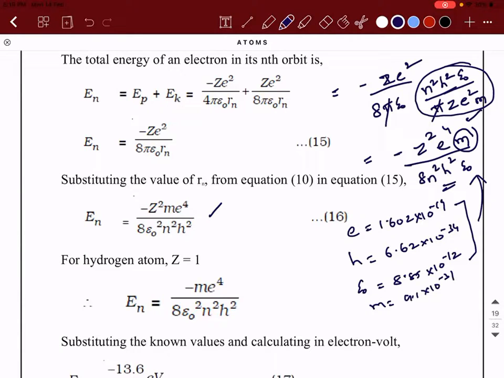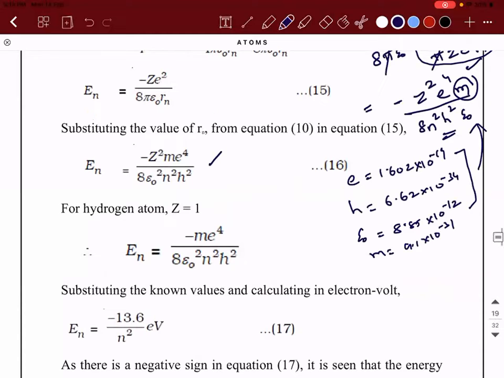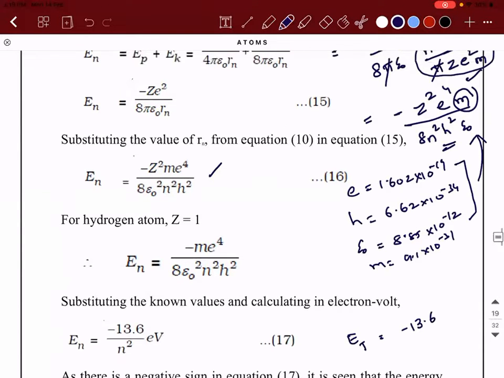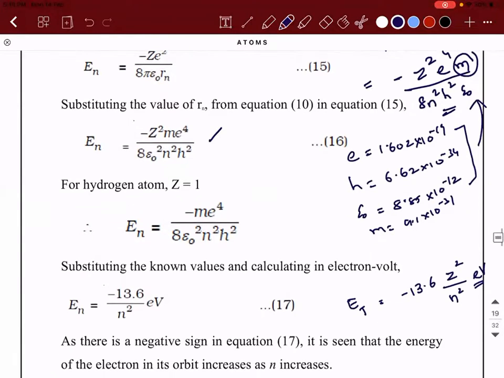When I substitute all these values here, I get the total energy of the electron is equal to minus 13.6 into Z square divided by n square electron volt. Did you understand this? I'm sure you would have seen this formula in your chemistry. Minus 13.6 into Z square divided by n square electron volt. This is there in atomic structure in your 11th standard.